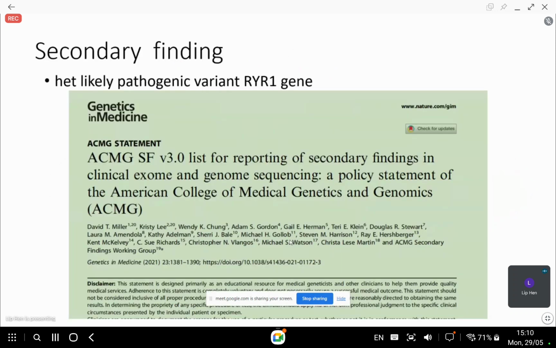So let us continue with the second part of the genetic results that this girl has. For the secondary finding, she also has a heterozygous likely pathogenic variant in the RYR1 gene. When we do whole exome sequencing, occasionally we can have secondary findings where they find mistakes in genes which are not so related to the primary condition or the presenting complaints of the patient.